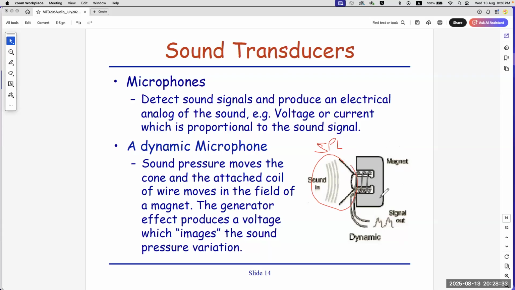So this is a kind of magnet and this is an electrical wire. When there's pressure on this wire, there's movement. This movement disrupts the magnetic field, and once it disrupts the magnetic field, it produces an electrical field. This electrical field is in tandem with the sound pressure level. If the sound pressure level is loud, then the electrical signal will be loud. So this is how it is transformed, from SPL to electrical signal.